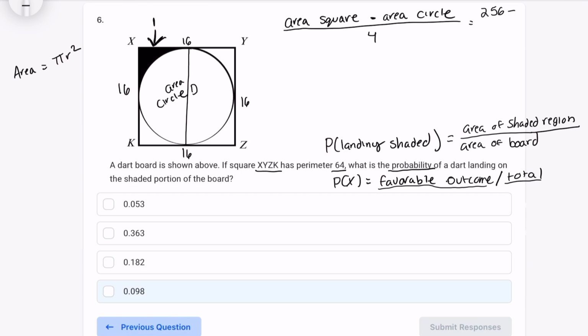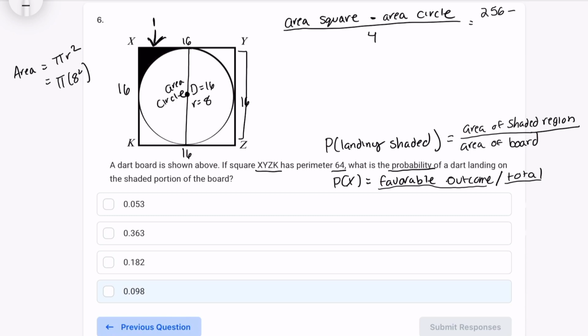That should be the same length as Y to Z, the same length as the side length of the square, which means that the diameter is equal to 16. So the radius is half the diameter, which means the radius is 8. Awesome.